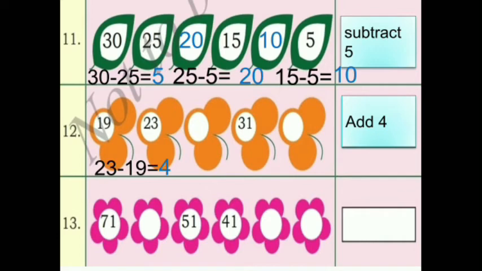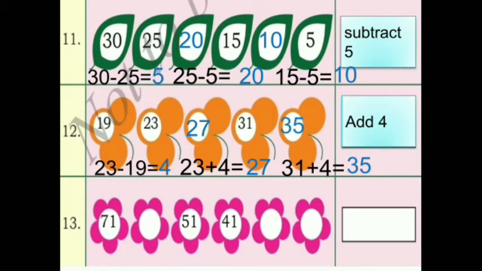What is 23 plus 4? Yes, 23 plus 4 is equal to 27. The next missing number is 27. Next we have 31. 31 plus 4? 35. The last number is 35.